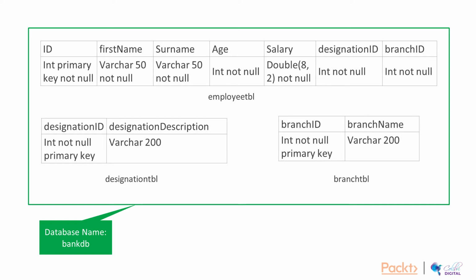I've pre-populated the designation table and the branch table to save time, because otherwise the project doesn't stay a mini project any longer. It becomes quite a complex project, and that's not the idea here. I will explain all the code to you, and you'll be able to try and write the code for the other tables as well. So that's going to be a very good exercise for you.